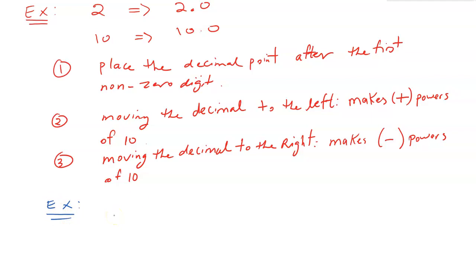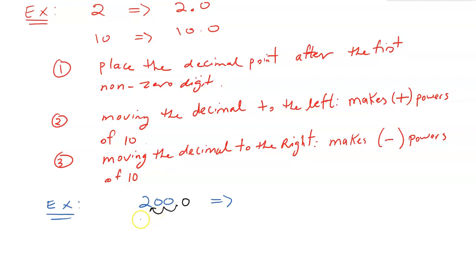Let's suppose we're going to change 200 into scientific notation. There is a decimal out there, even though it's not written, and you can actually put it down. It's very important that it is moved to the first non-zero digit in front of it, and we stop there.